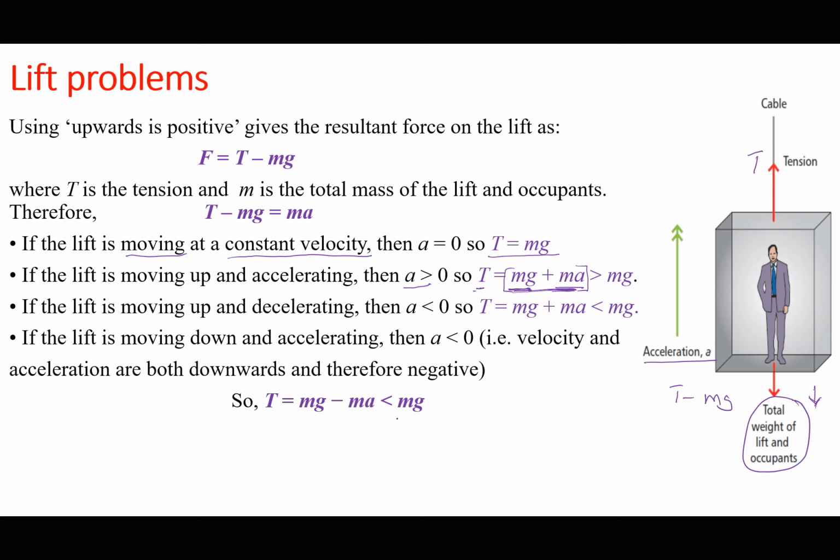That is going to be less than mg. Now, why is it T equals mg minus ma? It is moving down. That means the acceleration is downwards, and the motion is also downwards. So the resultant force is downwards. In that case, the resultant force F is going to be mg minus T, which means ma is equal to mg minus T. In other words, the tension T is equal to mg minus ma.